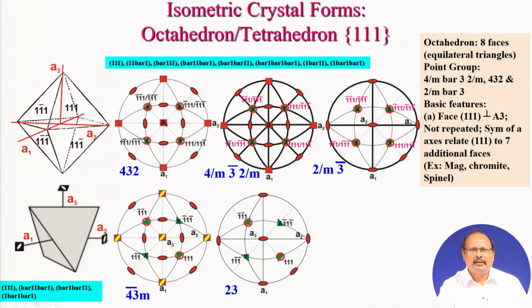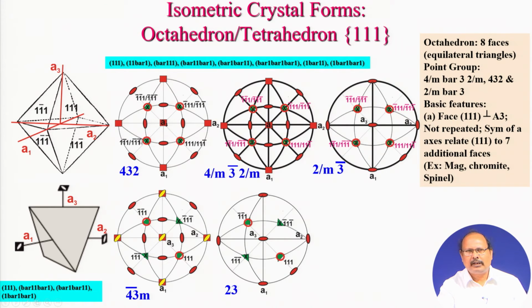And since it is intersecting the negative direction of the A3 axis, its symbol will be a cross here, and it is also in the negative direction of A2 axis, but the positive direction of A1 axis. So, we will give it the nomenclature 1 bar 1 bar 1.